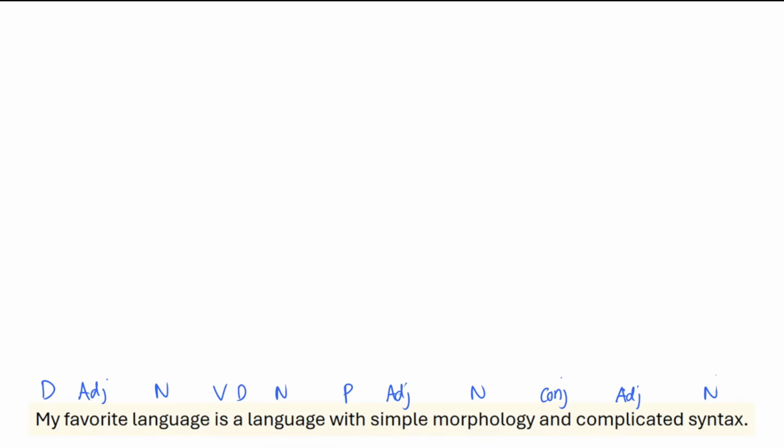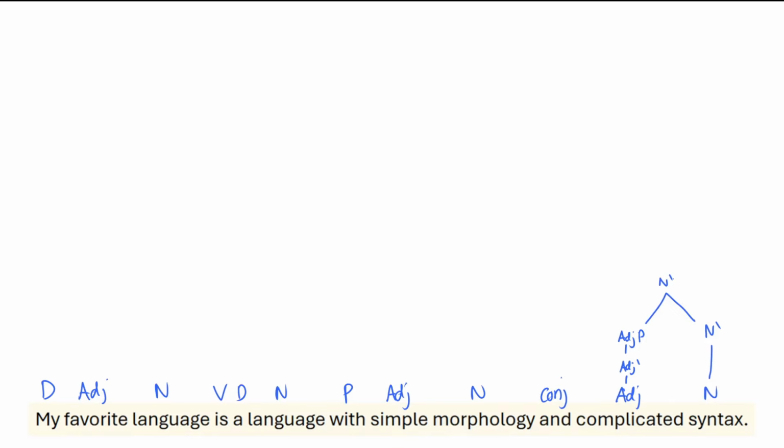So I'm going to start right to left because that might be a little bit easier. So we're going to first form the verb phrase is a language with simple morphology and complicated syntax. So the adjective complicated is going to modify syntax, which means this has to be an adjective phrase that goes between two bar levels on the end. And remember, we're talking about complicated syntax.